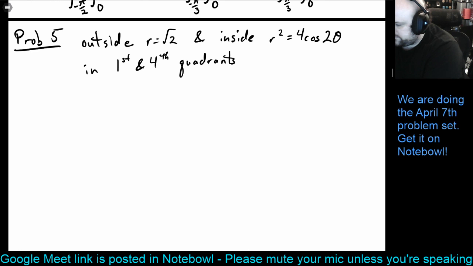The square root of 4 cosine of 2 theta, then we also need negative square root of 4 cosine 2 theta.